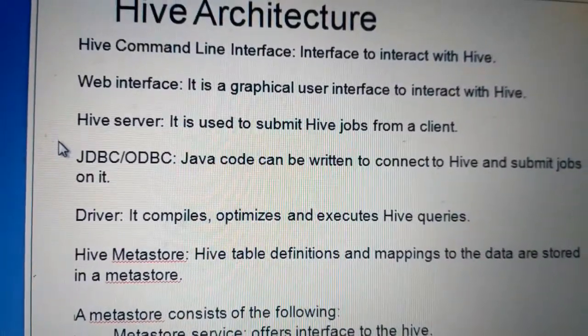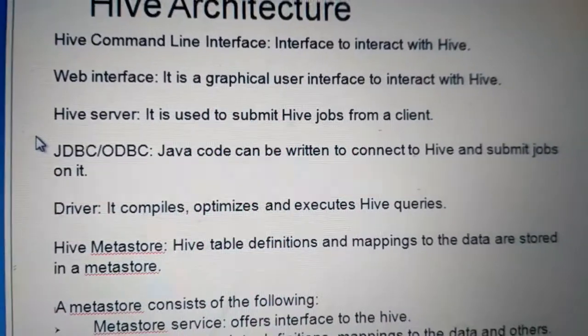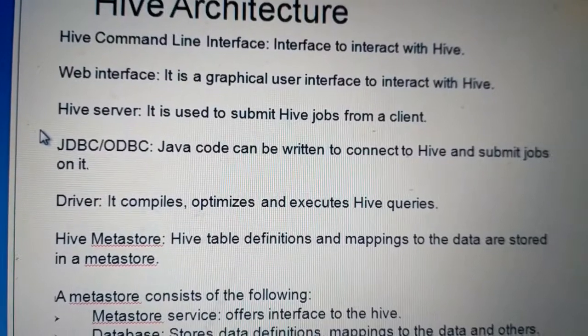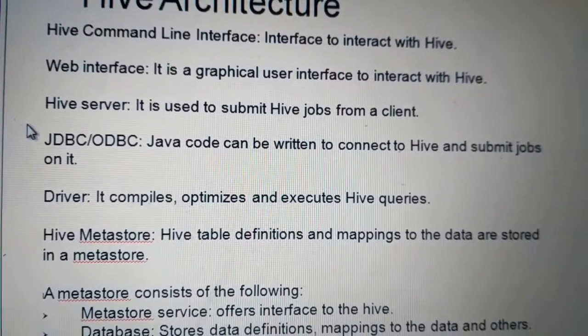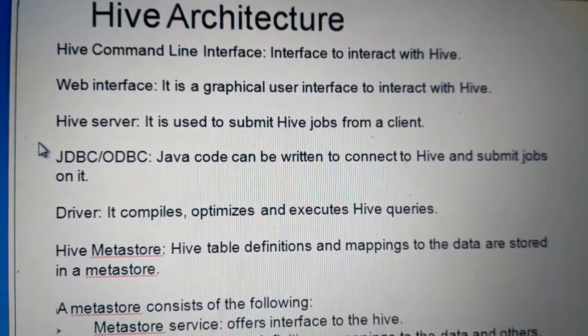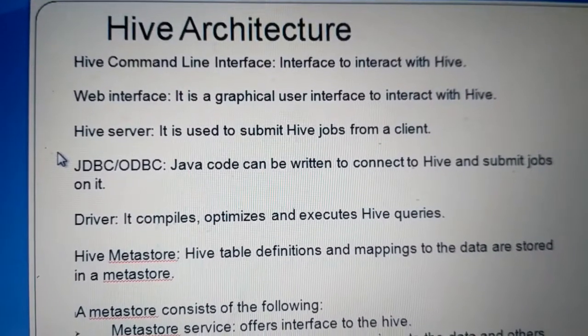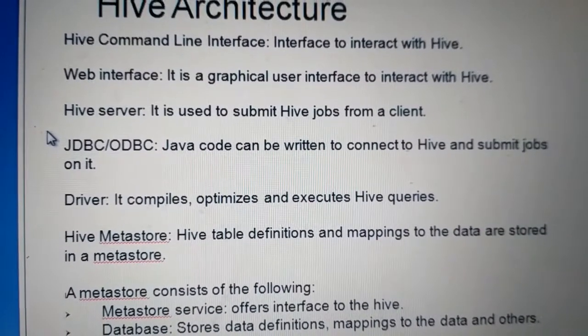Then Hive server is used to submit Hive jobs from a client. Then JDBC, that is Java database connectivity, and ODBC, open database connectivity. Java code can be written to connect to Hive and submit the jobs on it. Then the driver program. The driver compiles, optimizes and executes the queries.